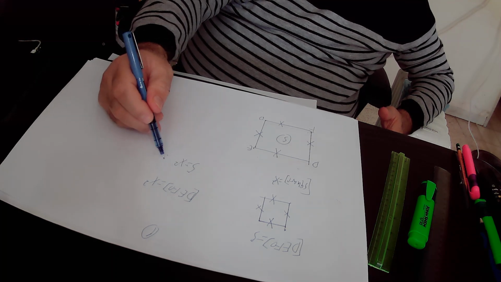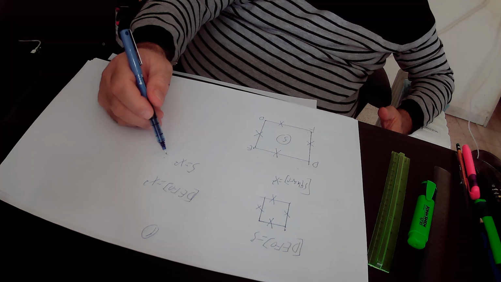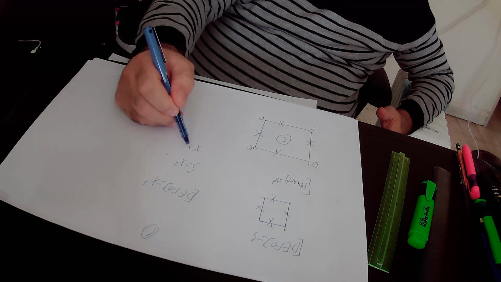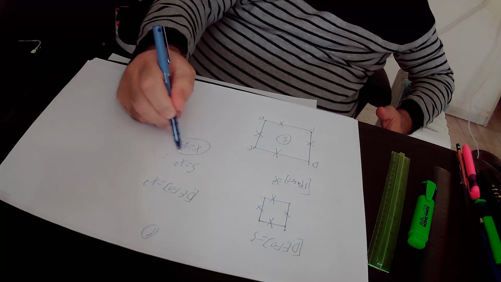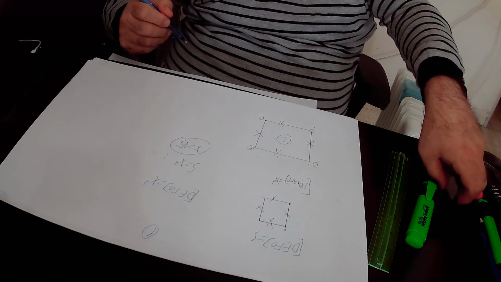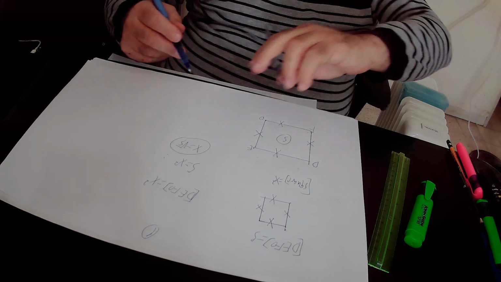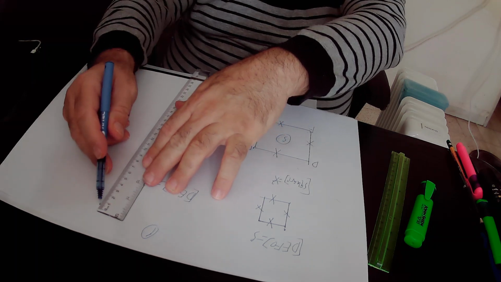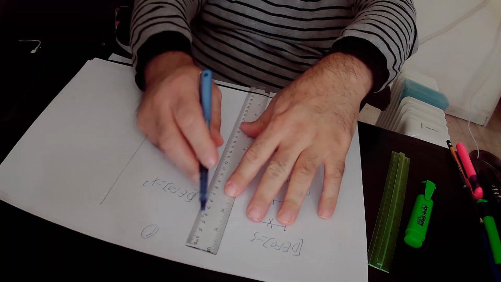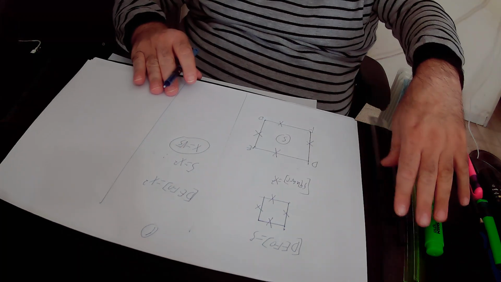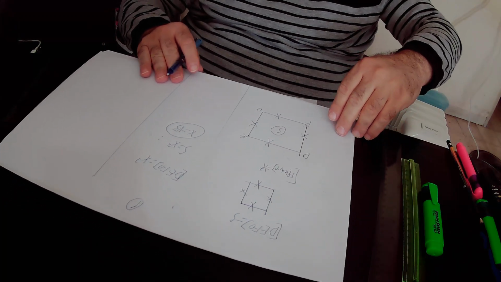We will take a root out of this equation, and here we get that x equals the square root of 5 units. So we found out that one side of this square DEFO equals the square root of 5 units. That is to say, all the sides are equal to the square root of 5 units.